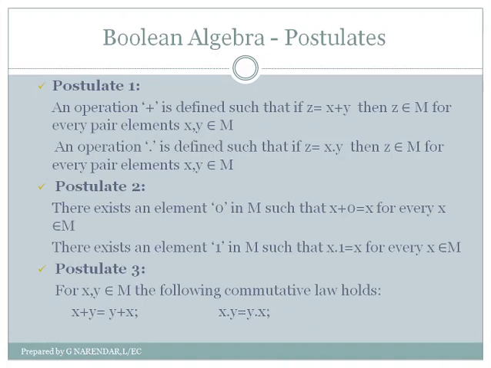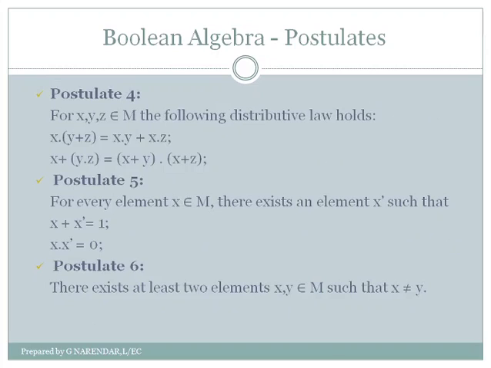It is applicable for both operations that we defined in postulate 1, that is, both the OR operation and the AND operation, or logical addition and logical multiplication. So postulate 3 defines one law called the commutative law, which holds true for both the OR operation and the AND operation between any two elements that belong to the same set M.